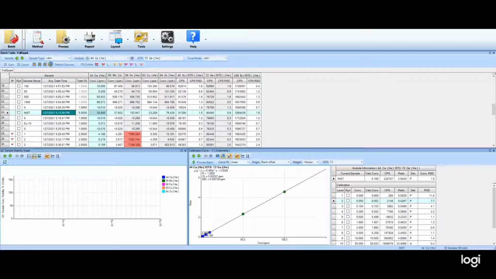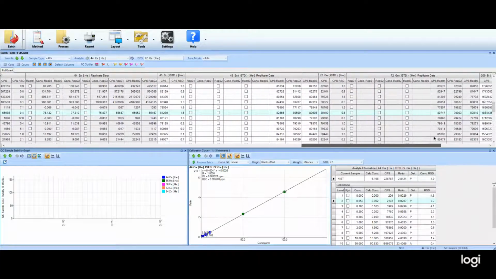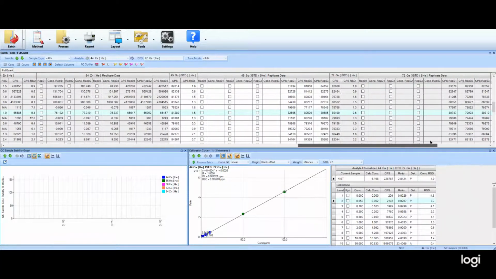I don't use the 2nd setting, which has the counts per second only. The 4th setting that I use for my own information has, for each sample that we measure, all the information that we need for each replicate. Remember, we measure 3 replicates. Let's just take a look at the internal standard, for example.